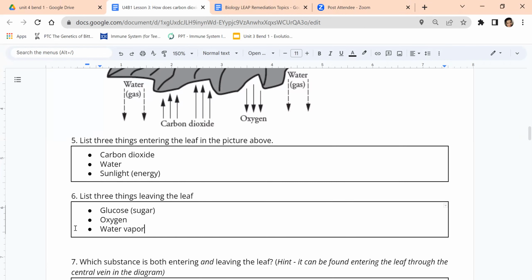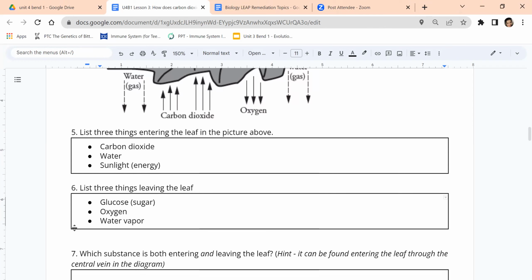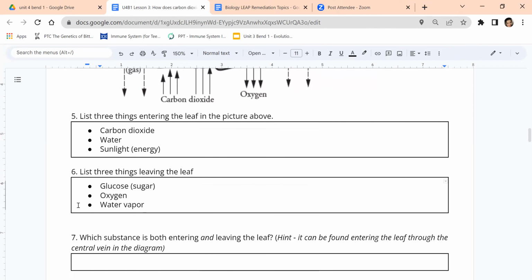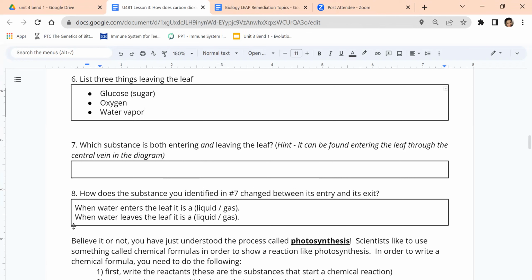And that's why you'll see that water is so very important for plants in order to grow and live and do photosynthesis. So I just answered question number 7, which substance is both entering and leaving the leaf? That would be the water.